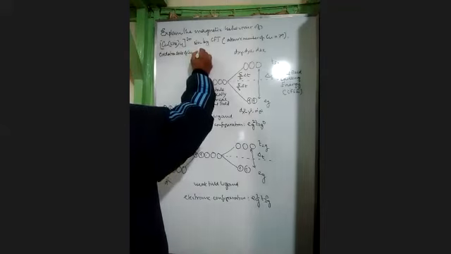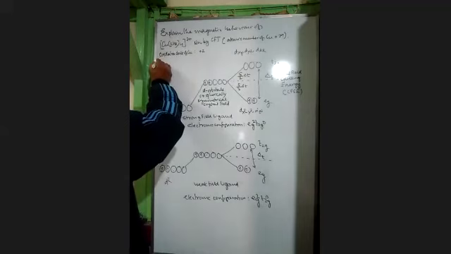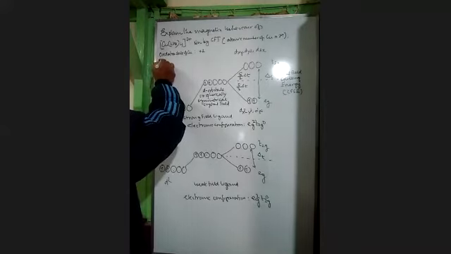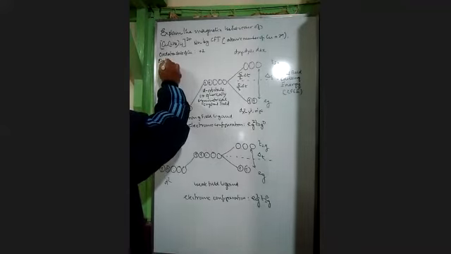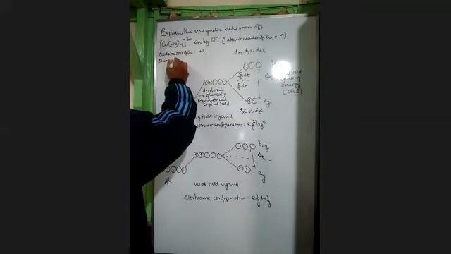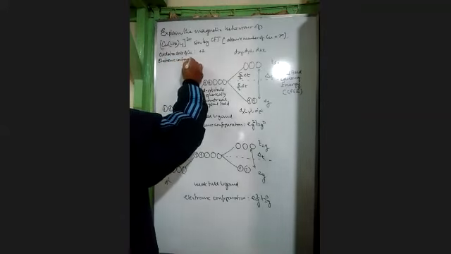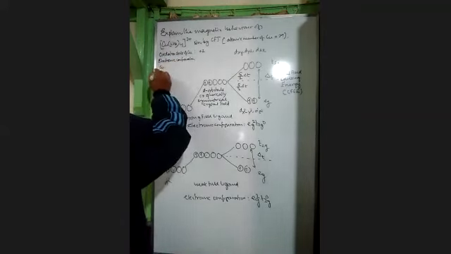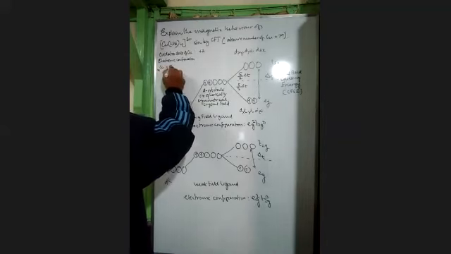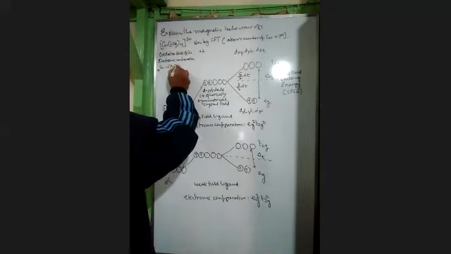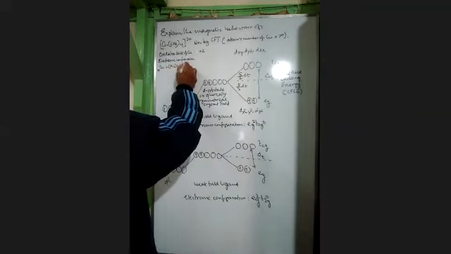You do what? This plus. Then, what is the electronic configuration of copper? Ar 4s1 3d10. Good girl. So this copper is 29, Ar 4s1 3d10.